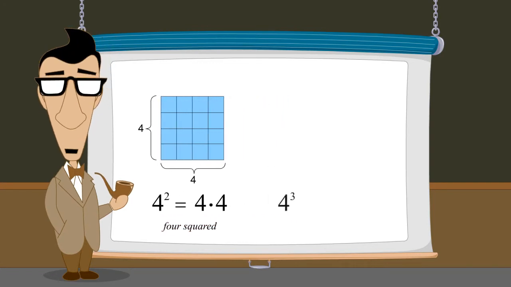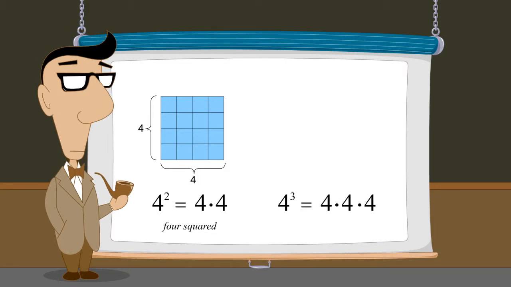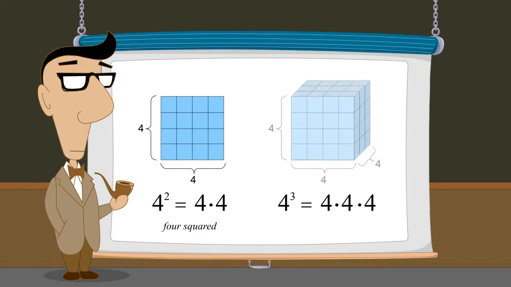Likewise, raising a number to the third power is equivalent to multiplying 3 copies of that number together. Since this is the same operation one would perform when calculating the volume of a cube, the number is said to be cubed.